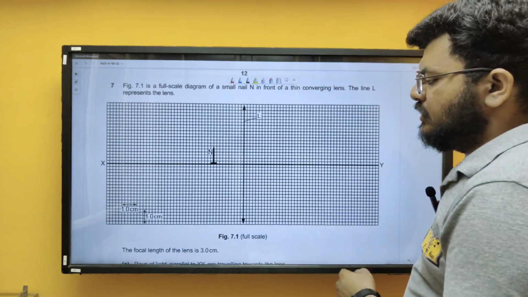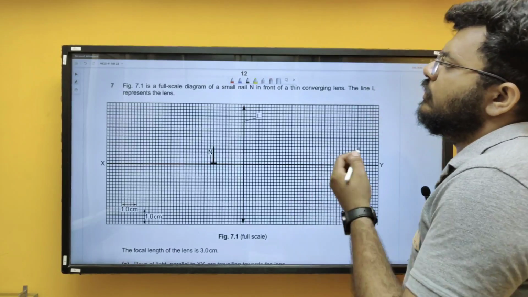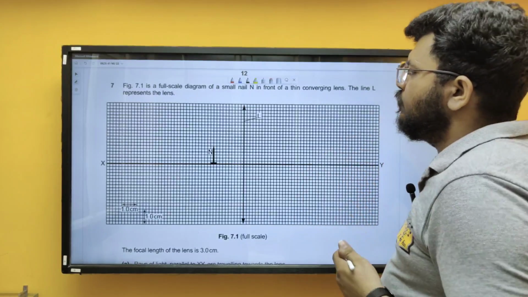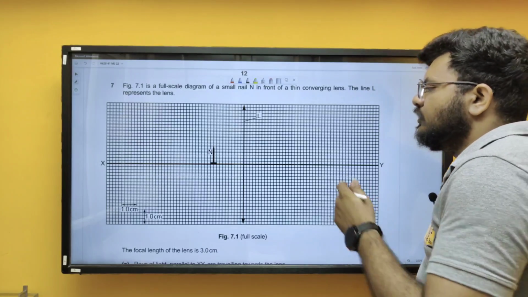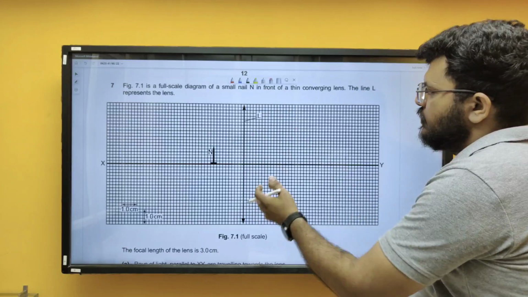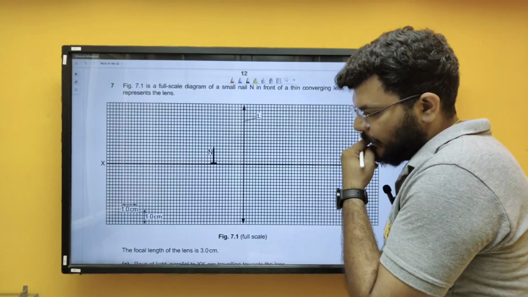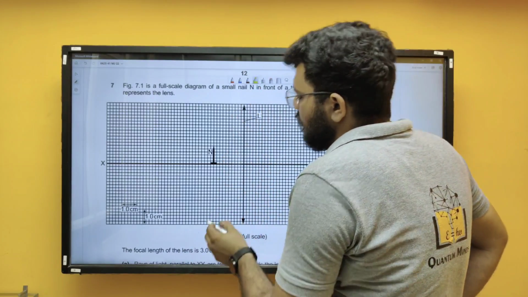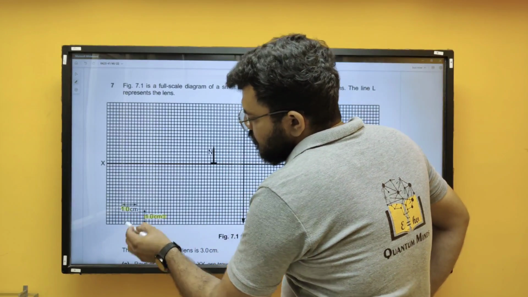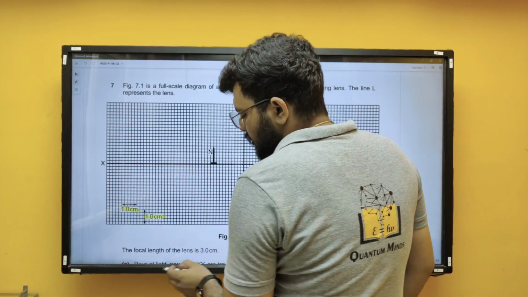We have question number 7. Figure 7.1 is a full scale diagram of small nail n in front of a thin converging lens. The line L represents the lens. Okay, the focal length of lens is 3 centimeter and they have given to us that this is 1 centimeter and this is also 1 centimeter.